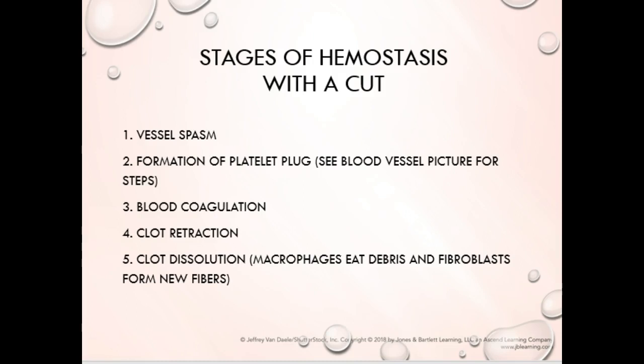And what happens during that process that's a big factor of getting rid of the old tissue and developing new tissue is that macrophages come in and eat up the debris, dead tissue, any infectious agents, and fibroblasts kind of follow right behind and form new fibers that establish the matrix of that tissue.